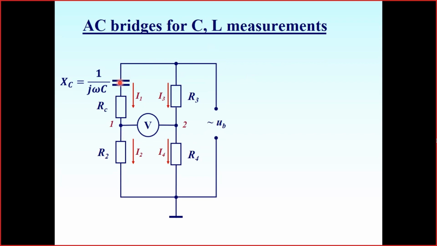But would we be able to balance this bridge? What do you think? Is it possible to find such a combination of resistances R2, R3, and R4 to get the voltage between points 1 and 2 equal to 0?